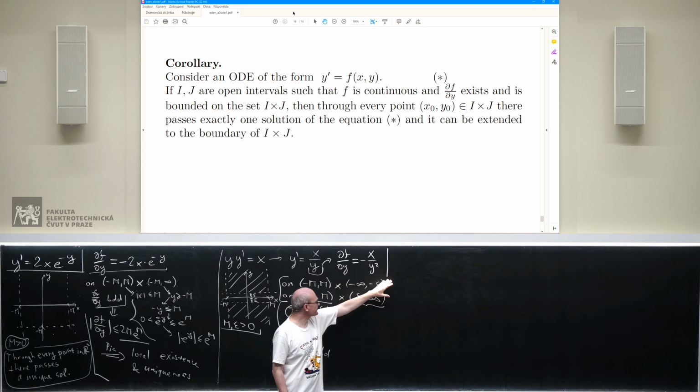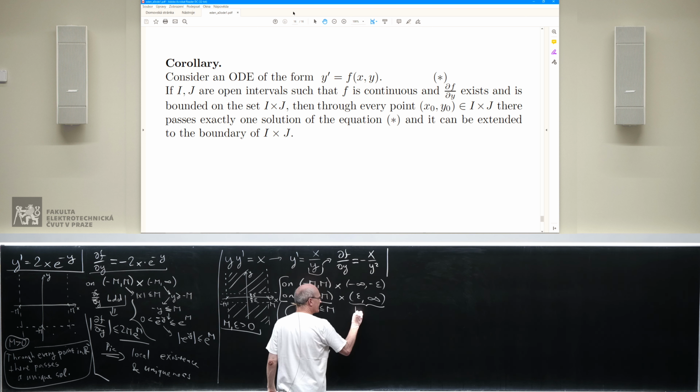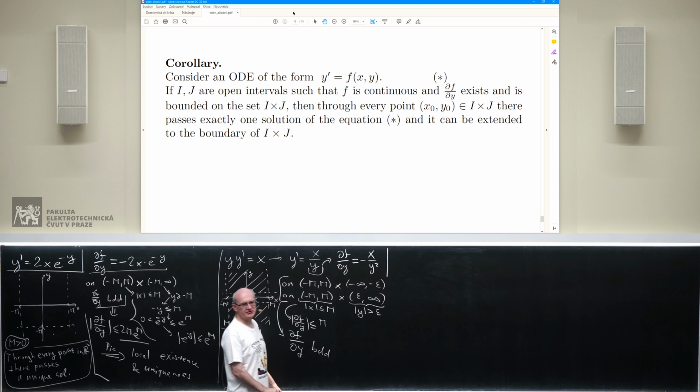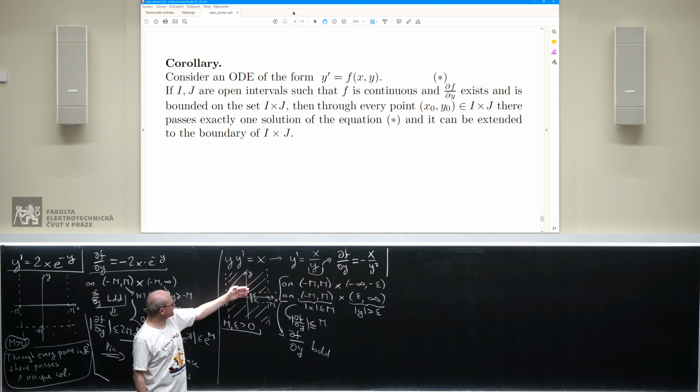I could handle each of them separately, because this restriction says that y is greater than epsilon, and this restriction says that y is less than negative epsilon. But I can write it in a common way like this. Y in absolute value is greater than epsilon. Yes? That's a common way to describe these two restrictions.